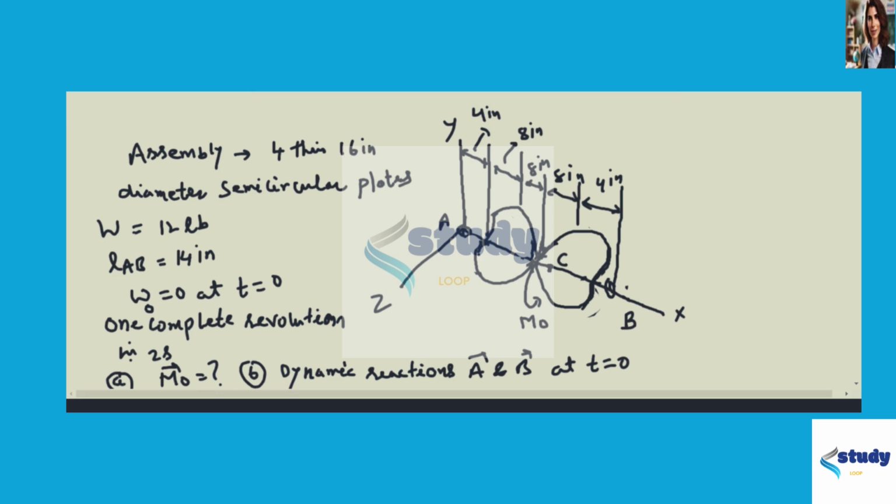When a couple M is applied to it, it causes the assembly to complete one full revolution in 2 seconds. Calculate the couple M in part A, and in part B the dynamic reactions at A and B at t equal to 0.